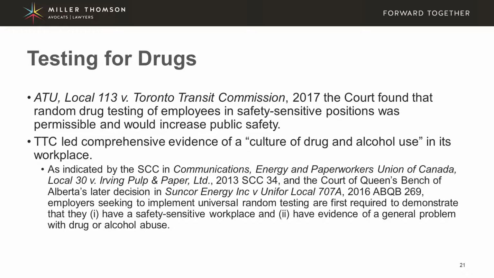This part of the case really arose because the union went to court trying to get an injunction against the TTC to prevent it from implementing the drug testing until the arbitrator decided. In that context, it was really an assessment of whether it was appropriate to implement the injunction, and was there irreparable harm? Who did the balance of convenience favor in terms of whether the status quo is preserved and testing continues, or whether it's halted pending a decision on the merits?